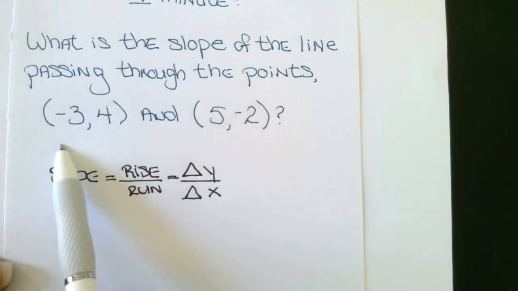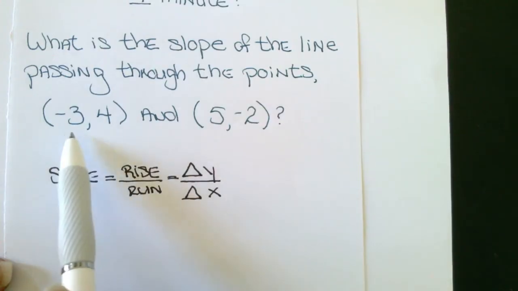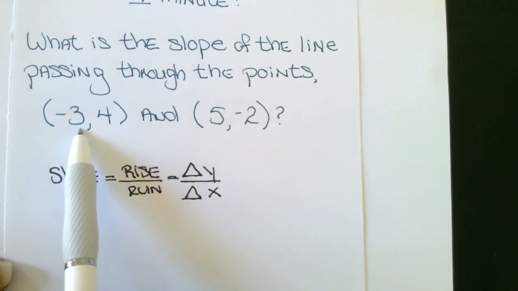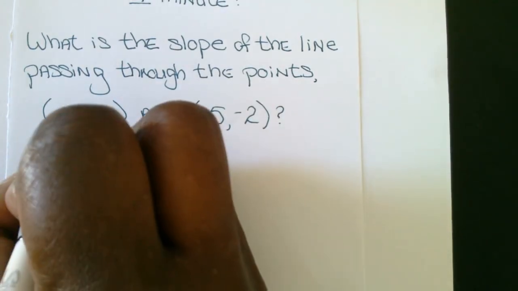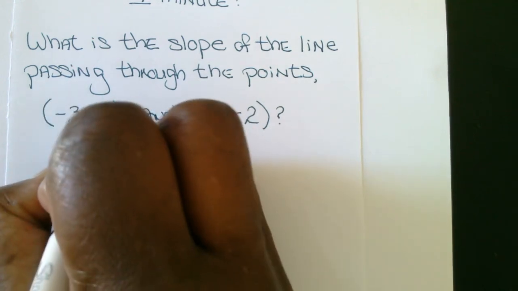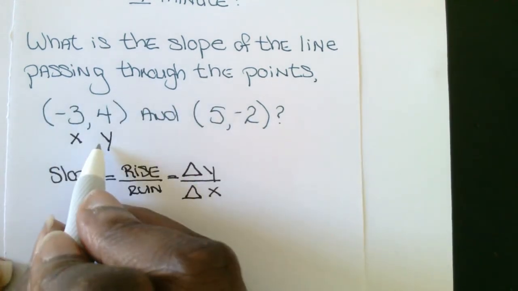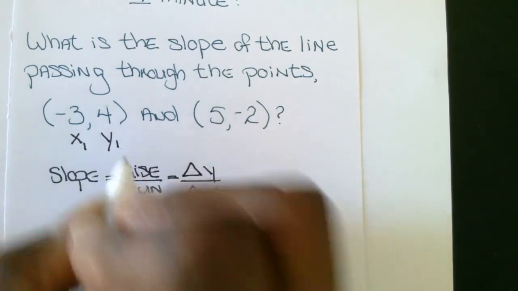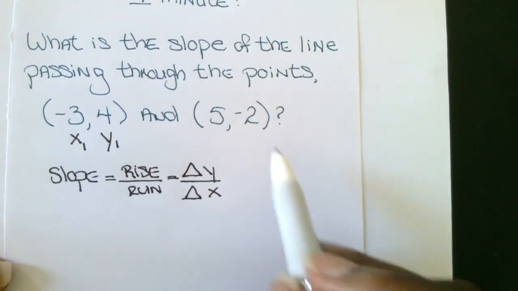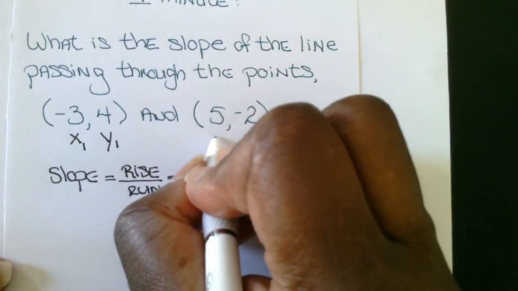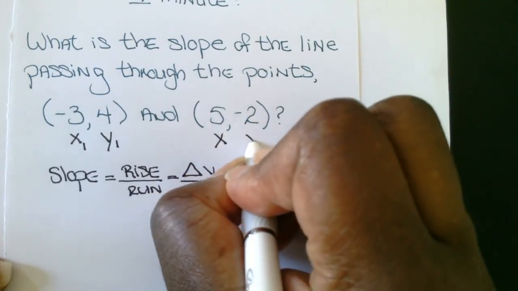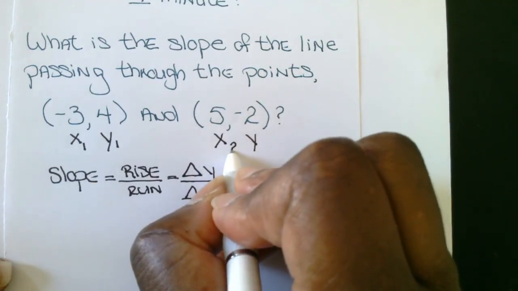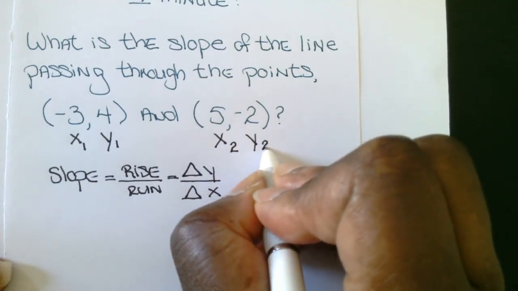So, where I'm from, we read from left to right. Since this is the first point that I see, and points are normally x, y, this is going to be my first x and my first y. This is the second point that I see. Again, it's xy. But since this is the second point, this would be my second x and this will be my second y.